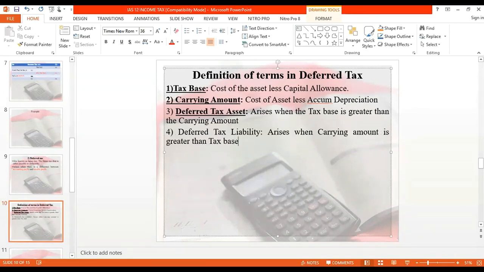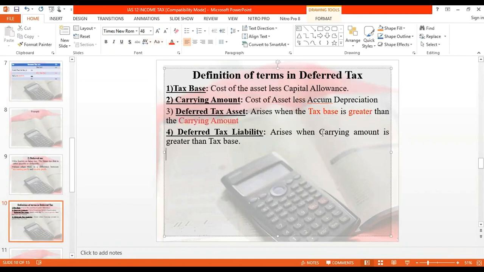Please take your time to reread that. It is extremely important. So when do we have a deferred tax asset? A deferred tax asset is when the tax base is greater than the carrying amount.